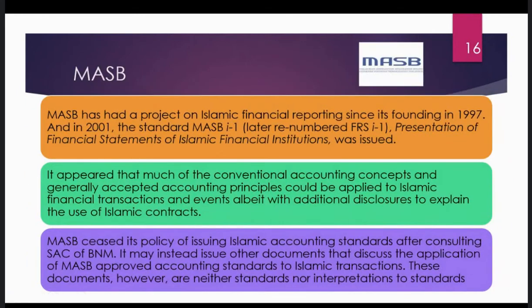So MASB had a project, which I mentioned just now, FRS i-1, okay. But it appeared that much of the conventional accounting concepts and generally accepted accounting principles could be applied to Islamic financial transactions. So they ceased its policy of issuing a separate standard, but issued other documents that discuss the applications of MASB approved accounting standards.